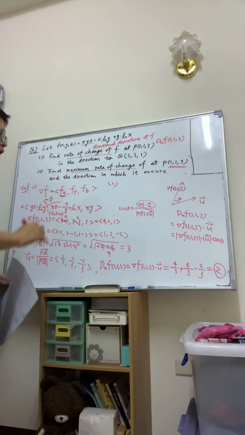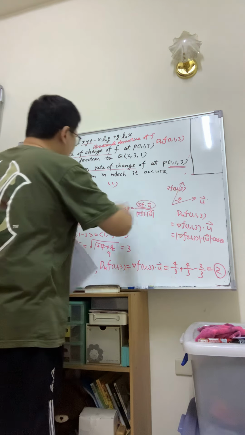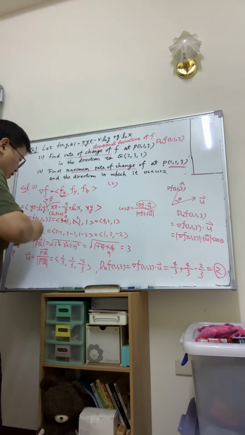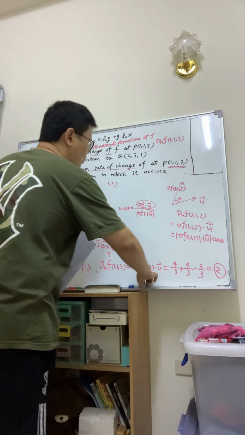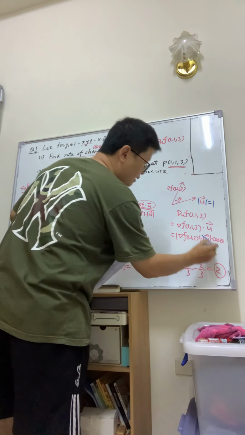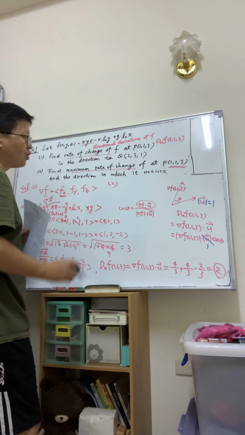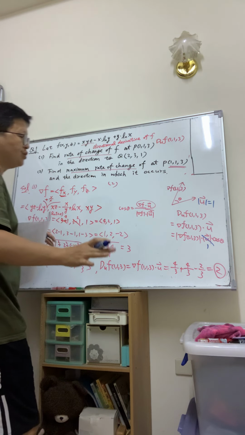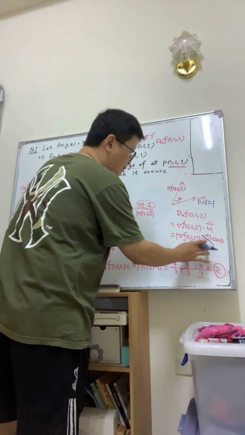Although we don't know the direction vector u, it is a unit vector, so its length must be 1.